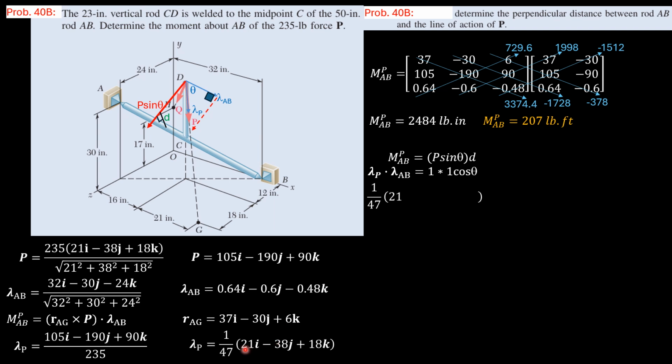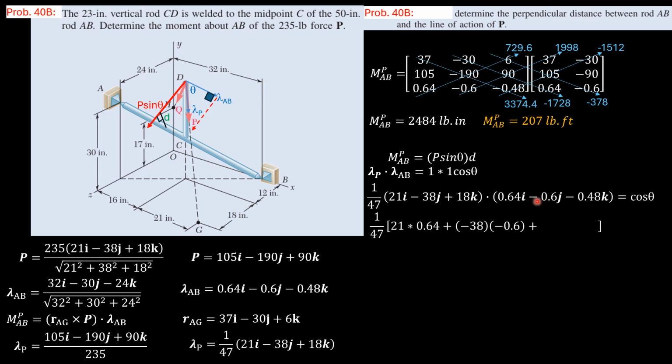Lambda of P is this, 1 over 47 quantity 21i minus 38j plus 18k. That lambda of AB is quantity 0.64i minus 0.6j minus 0.48k. So it is 1 over 47 times quantity 21 times 0.64 plus negative 38 times negative 0.6 plus 18 times negative 0.48 equals cosine of theta. From here, we can solve theta, and theta is equal to 54.04 degrees.